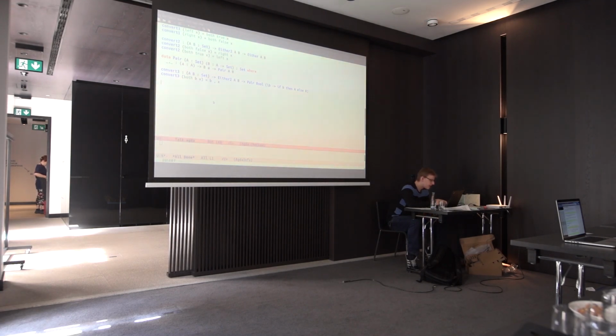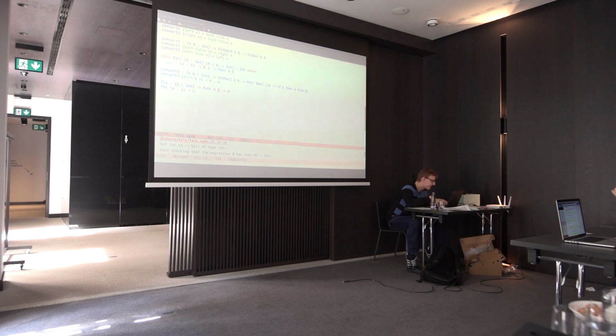Let's write FST and SND. So let's start with first. This will be pair AB to A, B set. So xy equals x. B set, B is A to set.